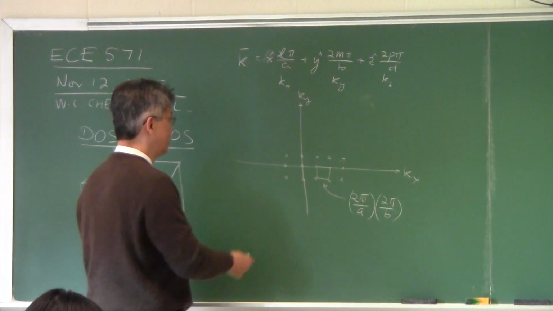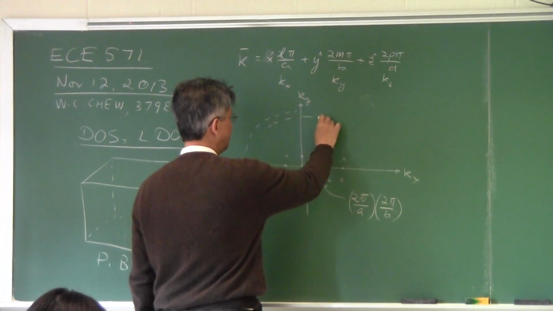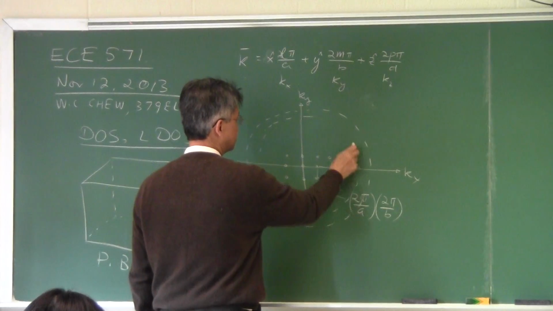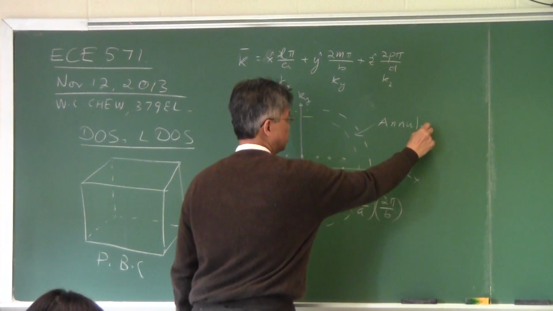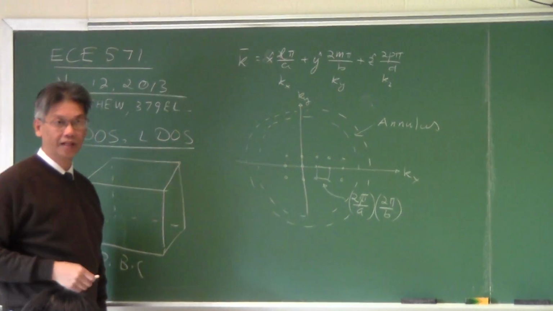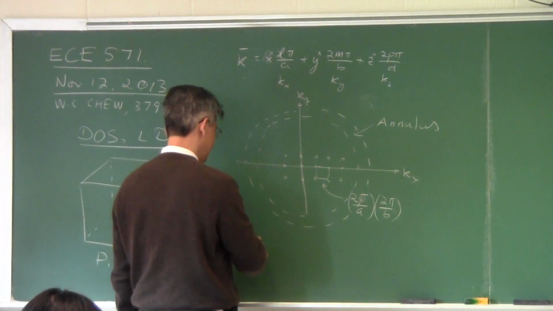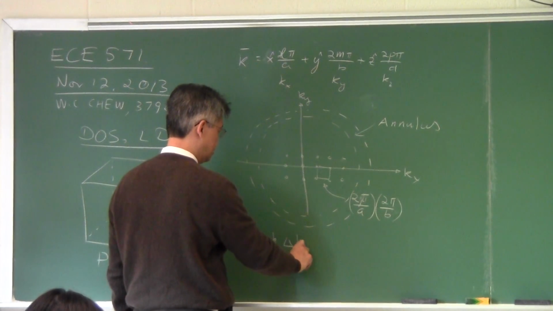And then if you have an annulus region, then you can count the number of modes inside the annulus region very easily. That annulus in two dimensions has area 2 pi k delta k.